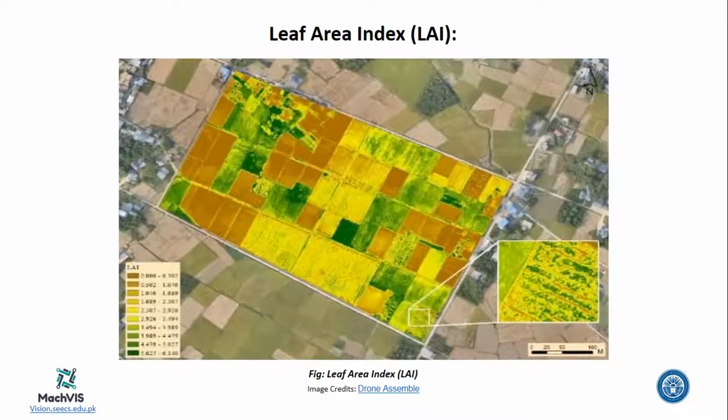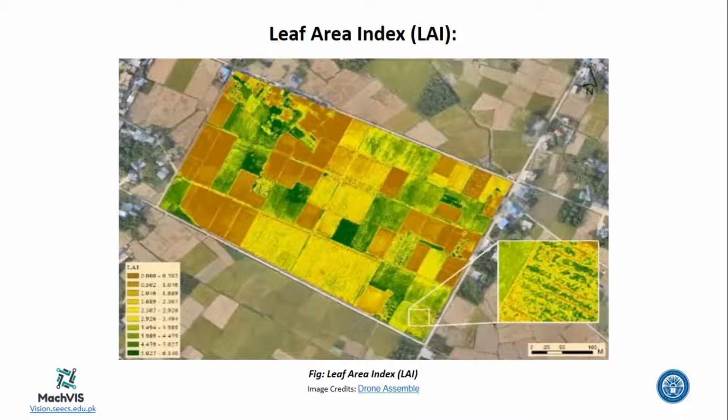Leaf area index means how much leaf area there is in a particular region, based on the reflectance of the green band and some other bands. So with no leaf area, very low leaf area, it is cultivated land compared to the other regions.